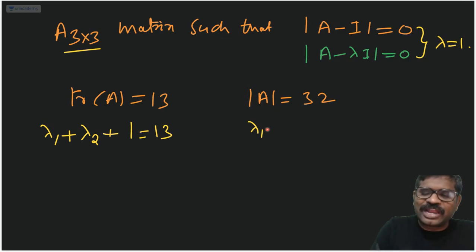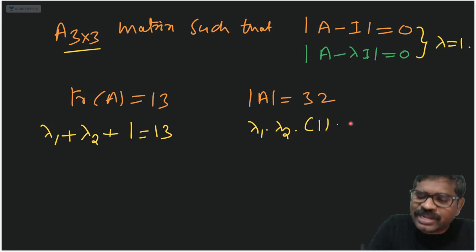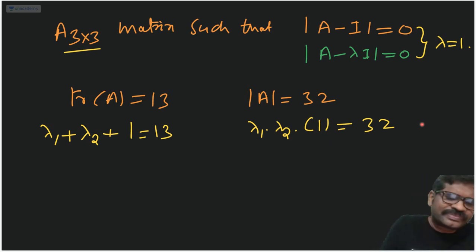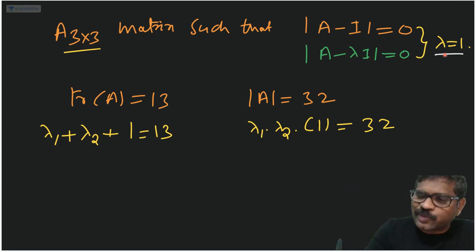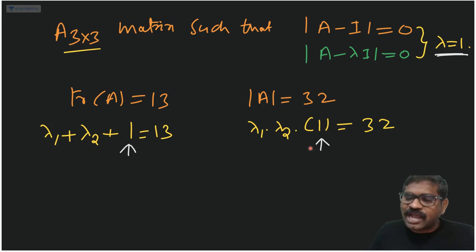So, lambda 1 multiplied with lambda 2 multiplied with 1 equal to 32. Since one eigenvalue is 1, I have substituted it. Other two eigenvalues are unknown.